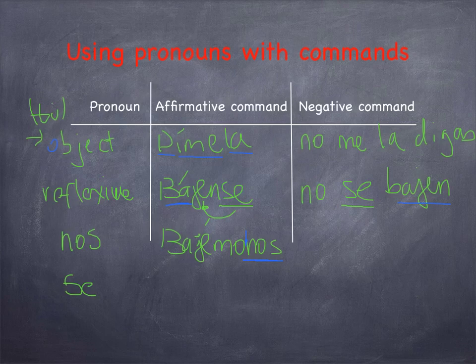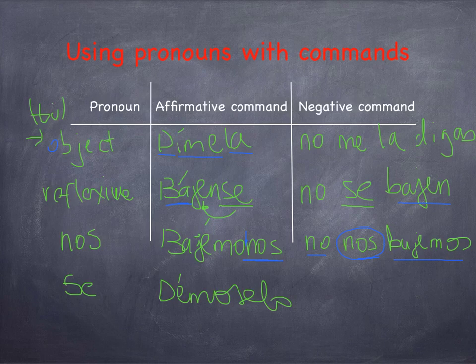Now, the negative command would be no nos bajemos. Right? So the pronoun, again, goes between the no and the verb. Same thing with the pronoun se. For example, if I want to say let's give it to him tomorrow, in Spanish we would say démoselo, with an accent on the E. Again, as you notice, same pattern.